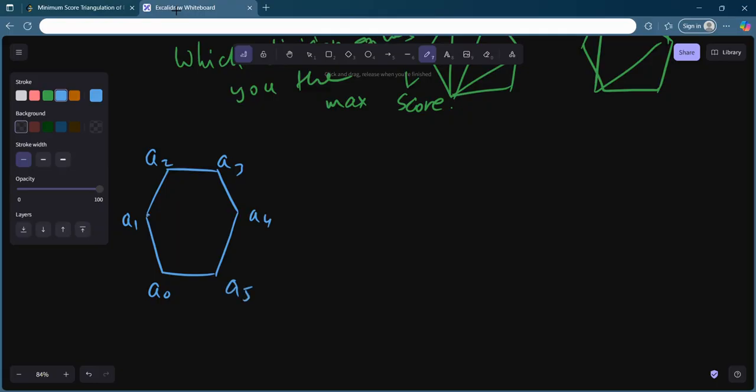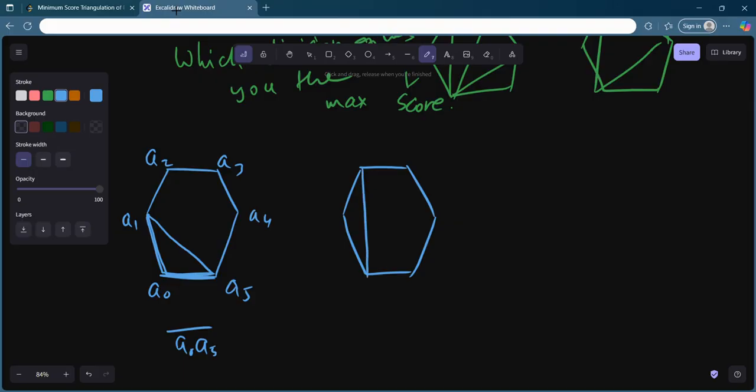Now what I am trying to do is consider one of my sides as a base. Let's say this side is a base. You can see that I can form a triangle like this. Let's say this is the triangle which I formed using this A0, A5 base. I am considering this as the base and trying to form some triangles. Let me form another triangle.